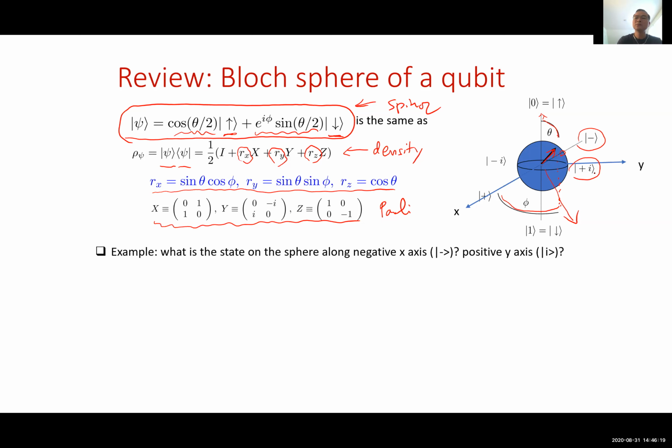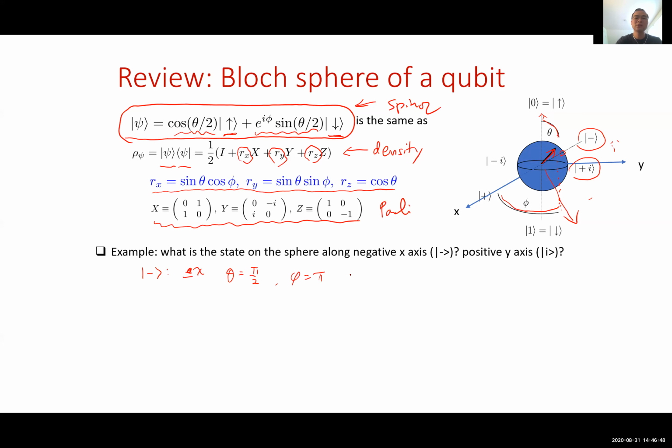So the first state, x-axis, right? So negative x. So the theta angle for this one is pi over 2, right? And the phi angle, it goes all the way to that, so it's pi, right?